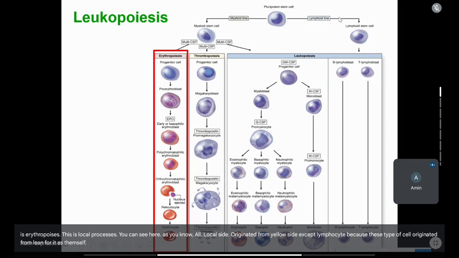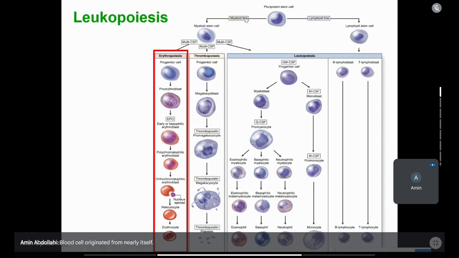And the other types of blood cells originate from myeloid cells: erythrocyte, platelet, eosinophil, basophil, neutrophil, and monocyte.